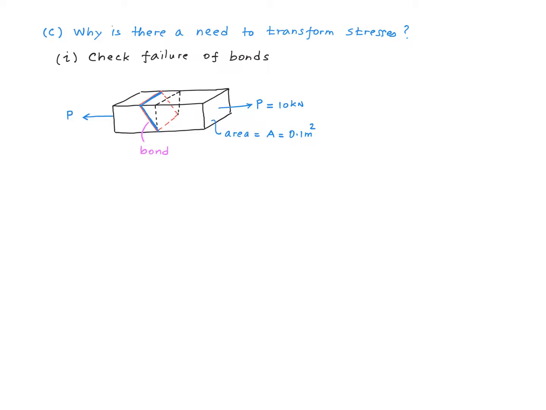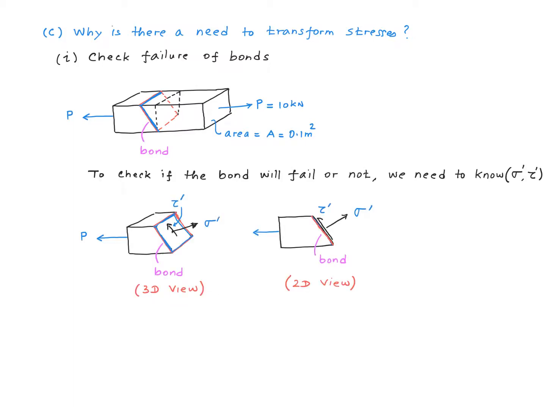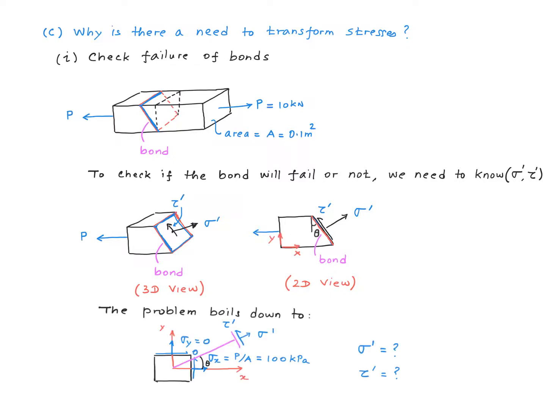Say we want to make sure that when this axial force is applied to this one-dimensional member, the bond doesn't break. Since the strength of materials are defined in the form of stresses, first we need to know the stresses acting on this inclined plane. So here's a 3D view, here's a 2D view. We need to know the magnitudes and the directions of the sigma prime and tau prime.